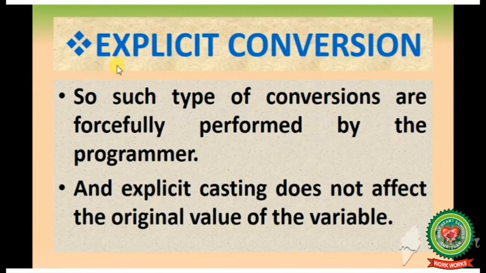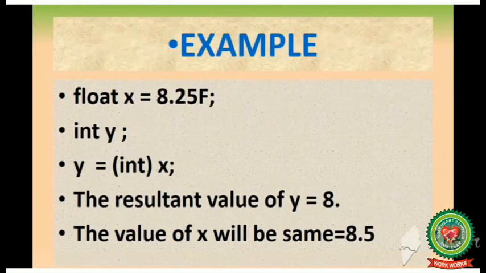So this type of conversion is forcefully performed by the programmer. But these conversions do not affect the original value of the variable. Meaning your value will be changed from the largest to the smallest type or from the smallest to the largest type, but the original value of the variable will not change.